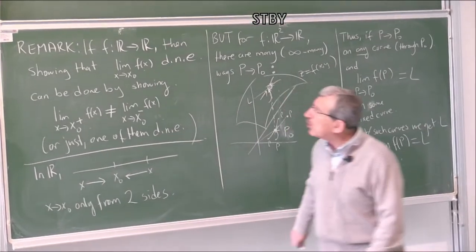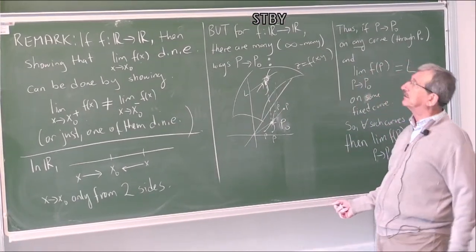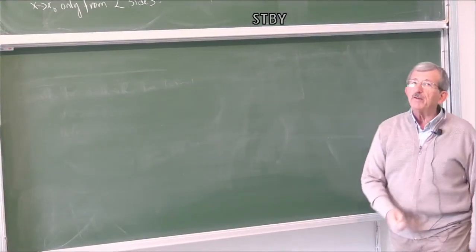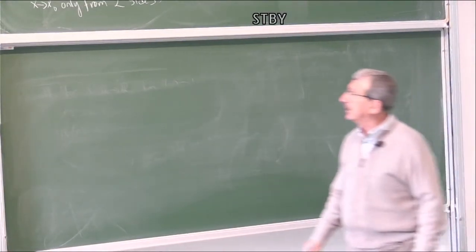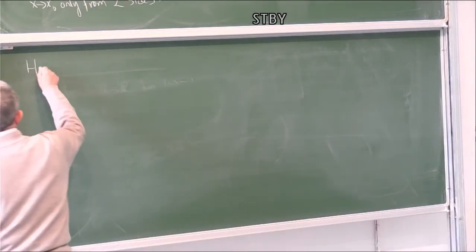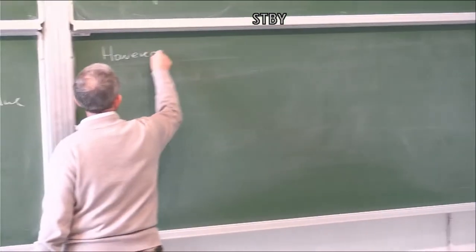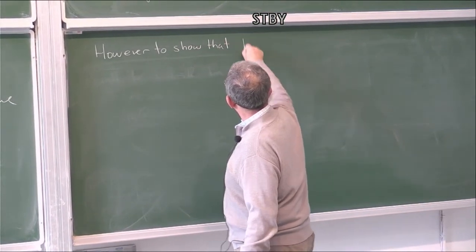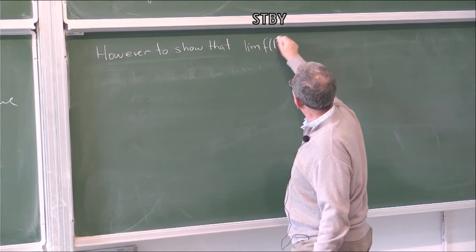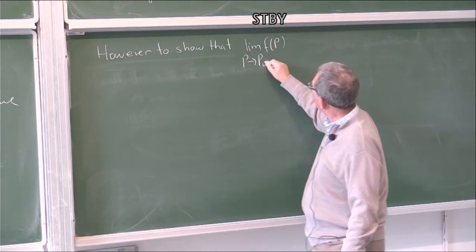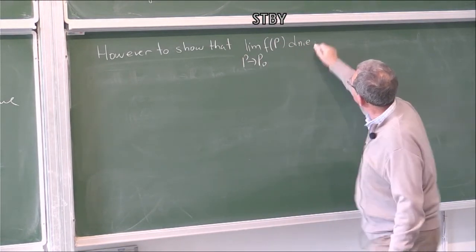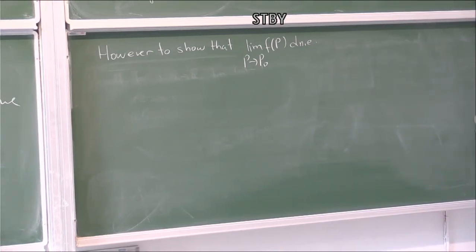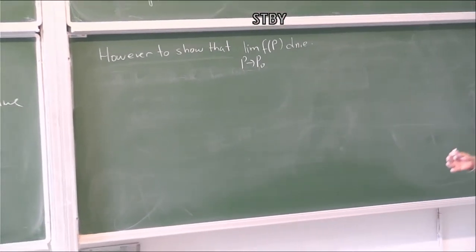But to show that the limit does not exist, now the two-variable case has an advantage. However, to show that the limit of f(P), P going to P0, does not exist, again, concentrate on this remark. To exist, all curves should give the same limit.